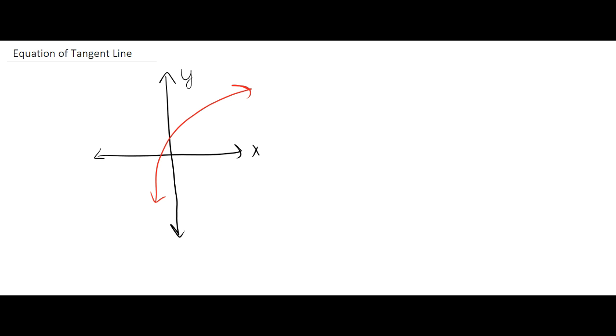At any given point on that curve, we're going to have a point where this is going to be the x value and this is going to be the f of x value, and then we're going to have a tangent line to that curve, and the slope of that tangent line is something that's called the instantaneous rate of change. So the m of the tangent line at a given point is exactly equal to what's called the f prime of x, or the derivative of x, using that same x value.